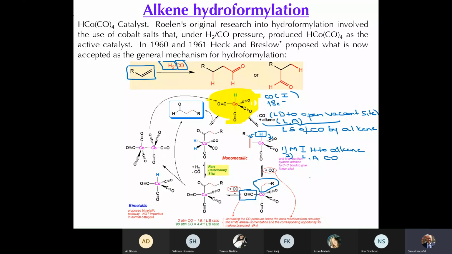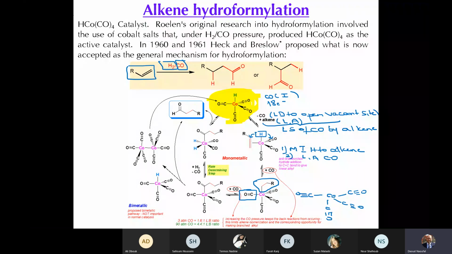But pay attention, we have another possibility: the cobalt with carbonyls. The hydrogen should attack the most substituted carbon. This is the anti-Markovnikov rule, since the hydrogen in this case is a hydride.